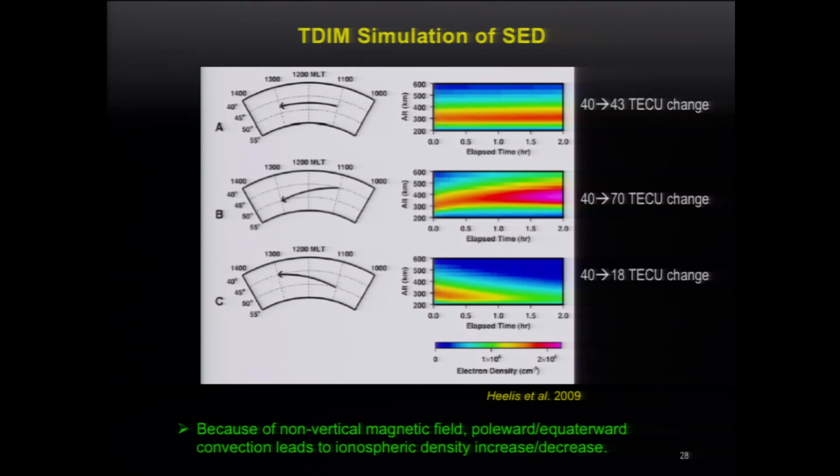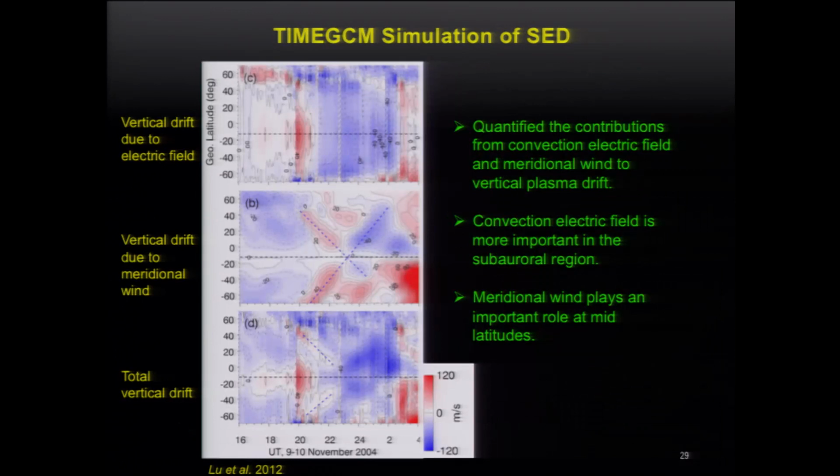But if at the same time, the flux moves 5 degrees poleward, it can change 30 TEC units. If it moves equatorward 5 degrees, it can decrease almost 20 TEC units. So through this simple experiment, we can see very clearly the effect of the poleward and equatorward convection motion on the density.